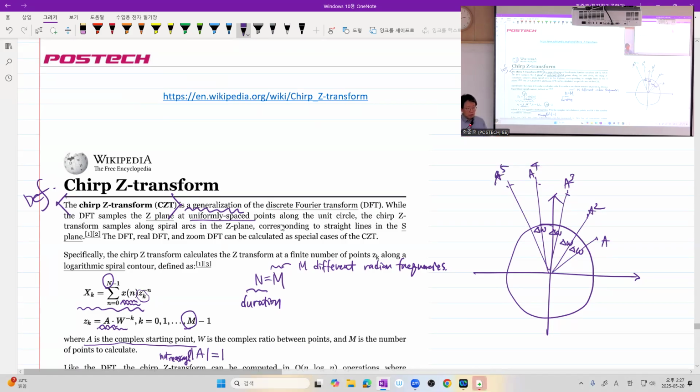So this is more general than what is shown in our textbook. But anyway, it's more like the general Z transform of our discrete time signal, where Z equals, as it shows, A W to the minus k. Got it? And this is renamed as Z sub k.